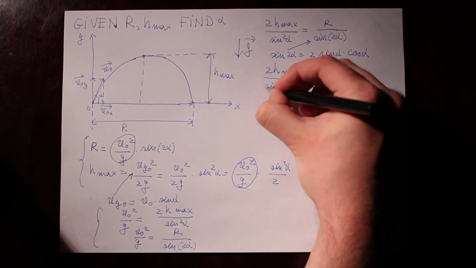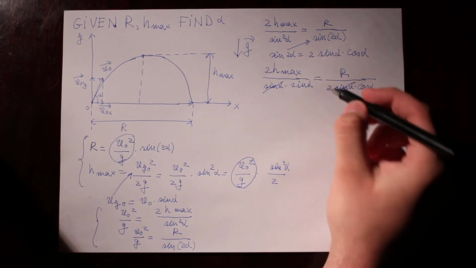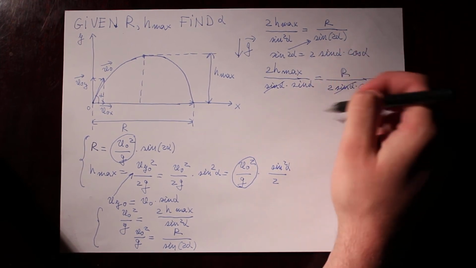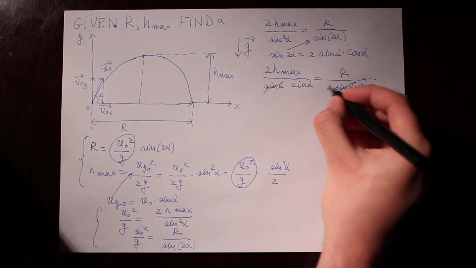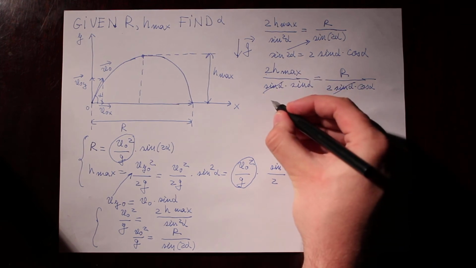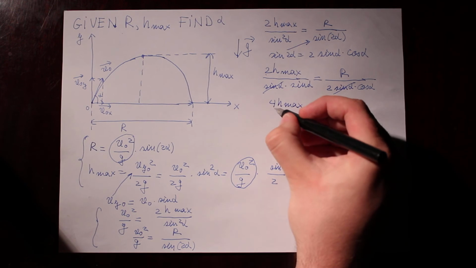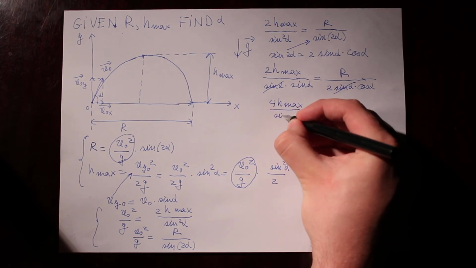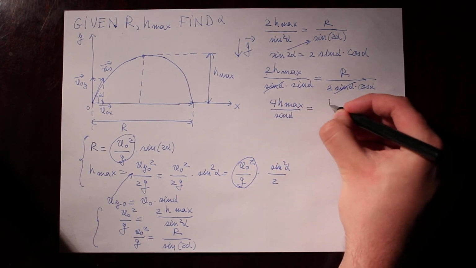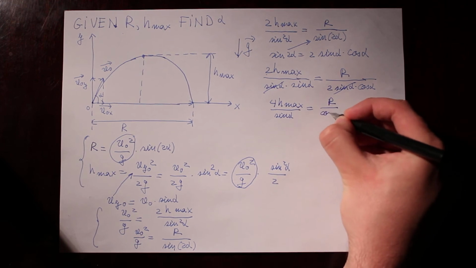Now, one sine of alpha from each term cancels, and I'm just going to rearrange this a bit. We have 4 times h max divided by sine of alpha equals r divided by cosine of alpha.